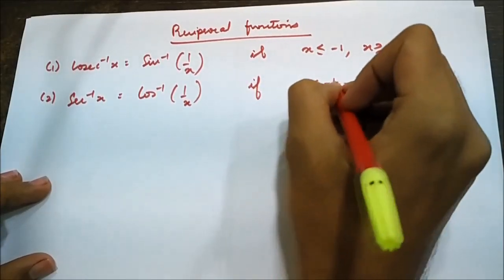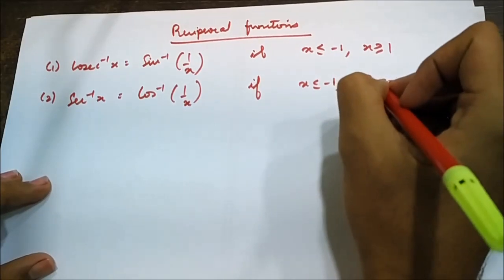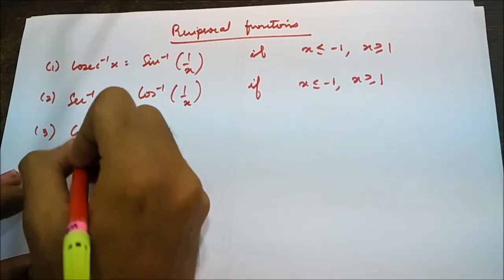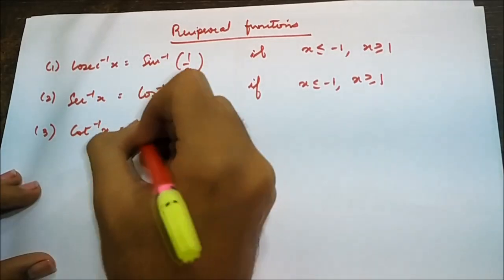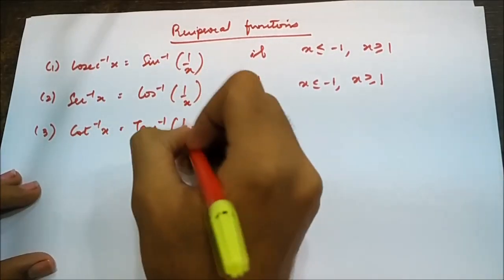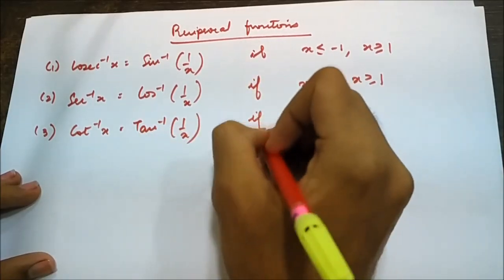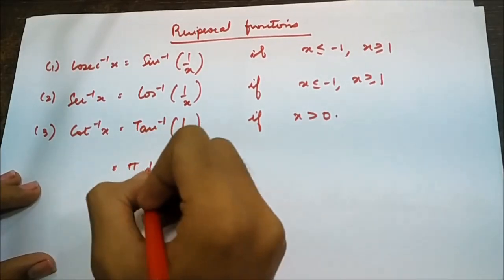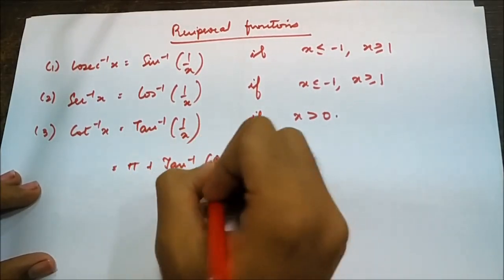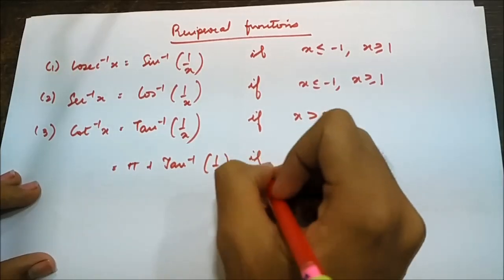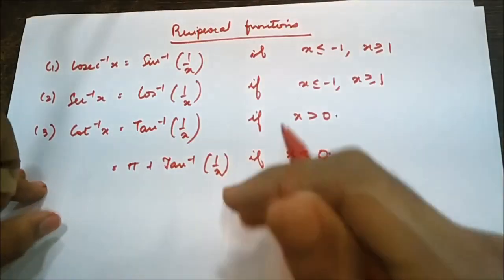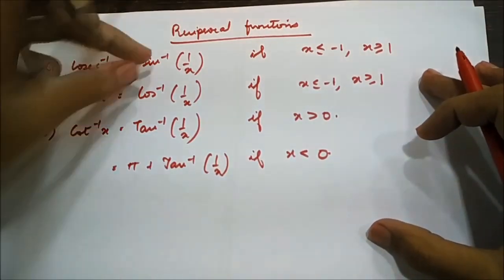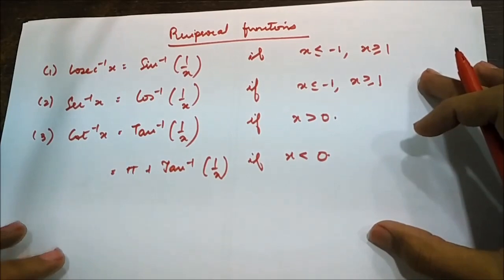The third is cot inverse x is equal to tan inverse 1 by x if x is greater than 0, and pi plus tan inverse 1 by x if x is less than 0. So these are the three reciprocal functions, that is cosec inverse x is equal to sine inverse of 1 by x. That's the reciprocal of it, and their ranges are given.